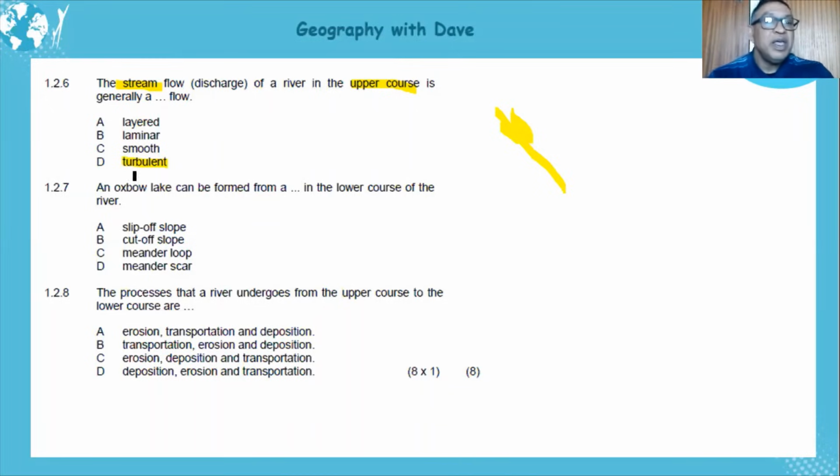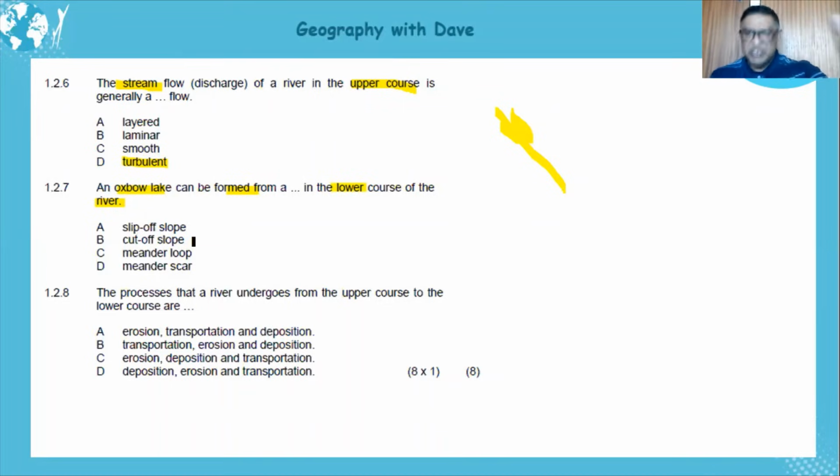Okay? The Oxbow Lake can be formed from what in the lower course of the river? Now be careful. All right? Will it form from a slip-off slope, which is the gentle slope? No, it's a feature. Okay. Will it form from a cut-off slope? No, not just the slope.